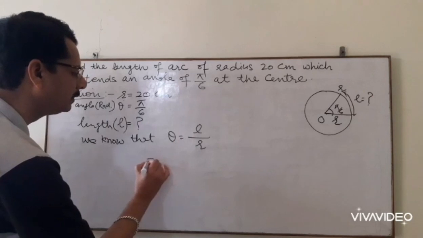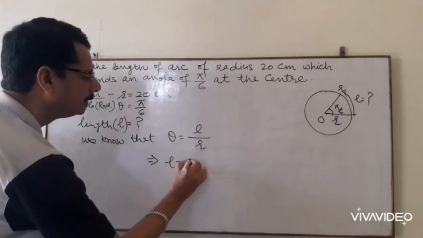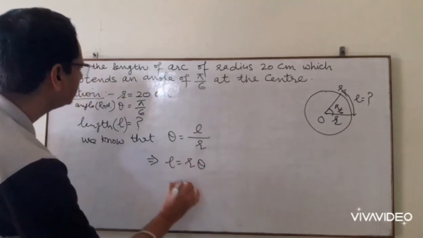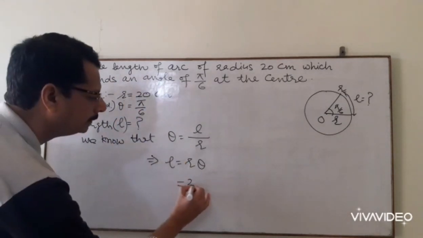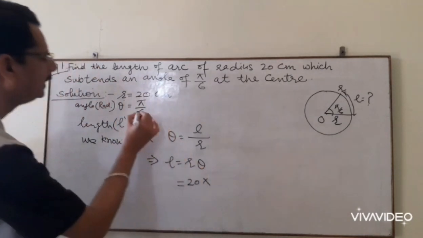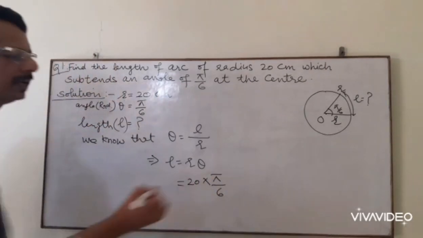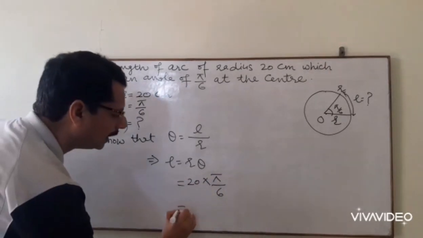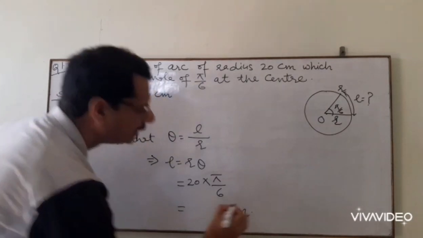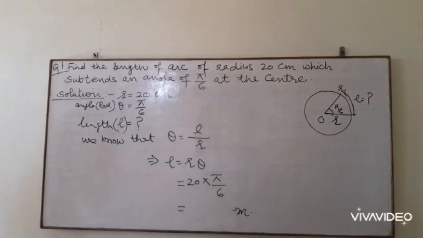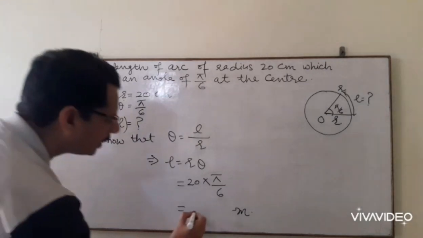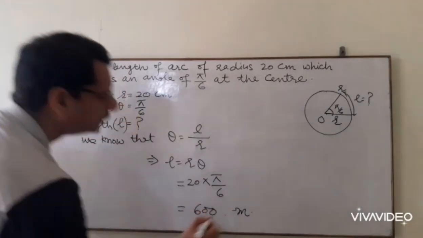So L will be equal to R theta. What is R? R is 20. And what is theta? Theta is pi by 6. And in this way we can get the value of L, and it comes out to around 10.47.